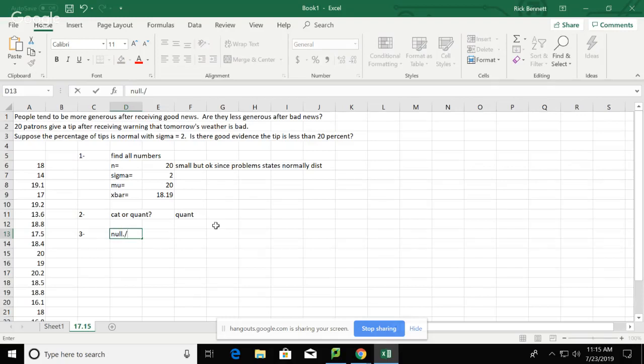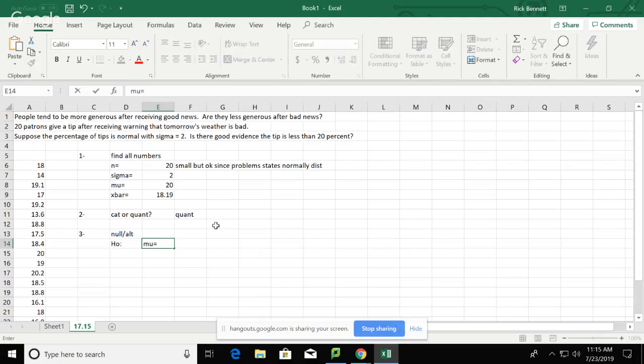null and the alternative hypothesis, right? What is the null? Chandler. Twenty is only partially right. What letter am I using?